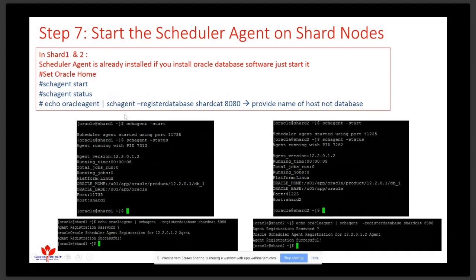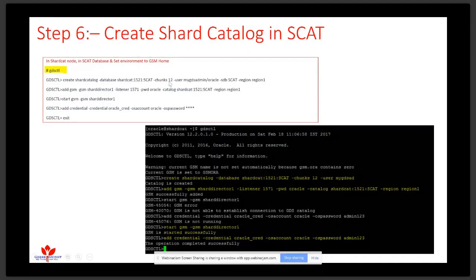It divides your partitions and tables into separate chunks, and it creates however many you specify automatically. You also specify the user and the region; we can create multiple regions. You can add a GSM, a shard director, and the port the shard director has to listen on, and what the catalog is. You can start your GSM and then add a password and credentials. If you don't do this, your deployment will fail, so it is better to add a password here itself.